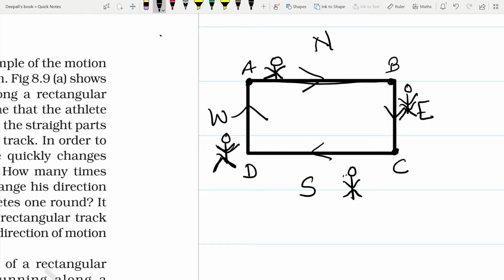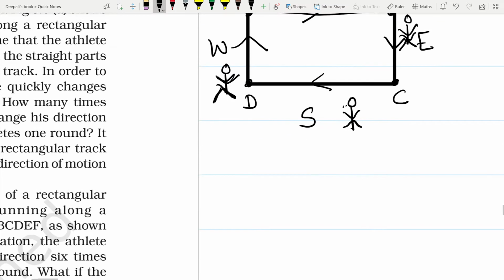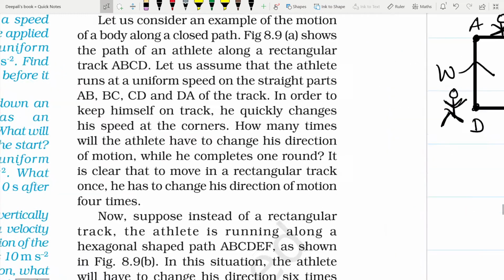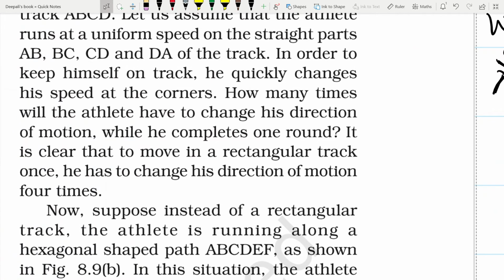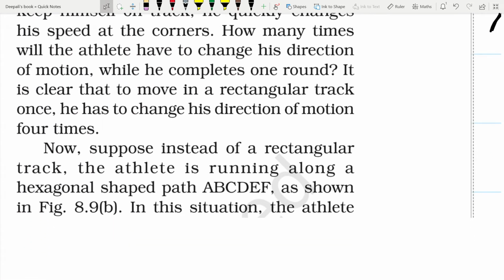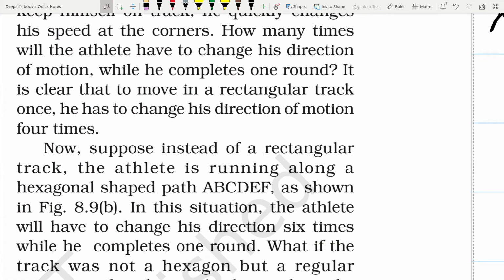Now in case this path becomes hexagonal, then what will be the situation? Suppose instead of a rectangular track, the athlete is running along a hexagonal path A, B, C, D, E, F, as shown in the figure.